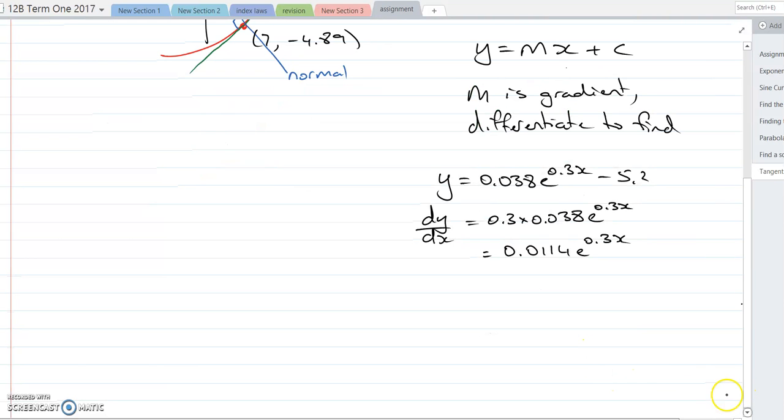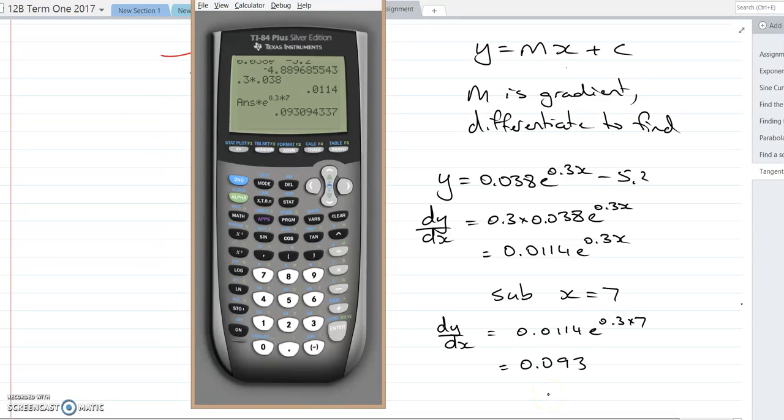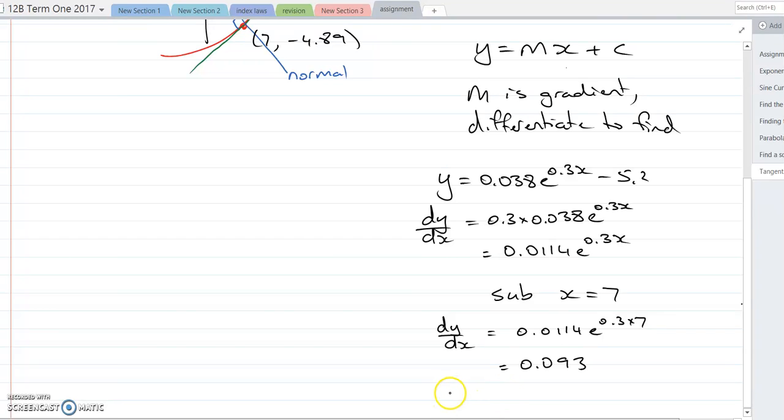Now I can sub in my point that I chose, x equals 7. And I'll get dy dx equals 0.0114 e to the 0.3 times 7. And that equals 0.093. So that is differentiating, which gives you the gradient.